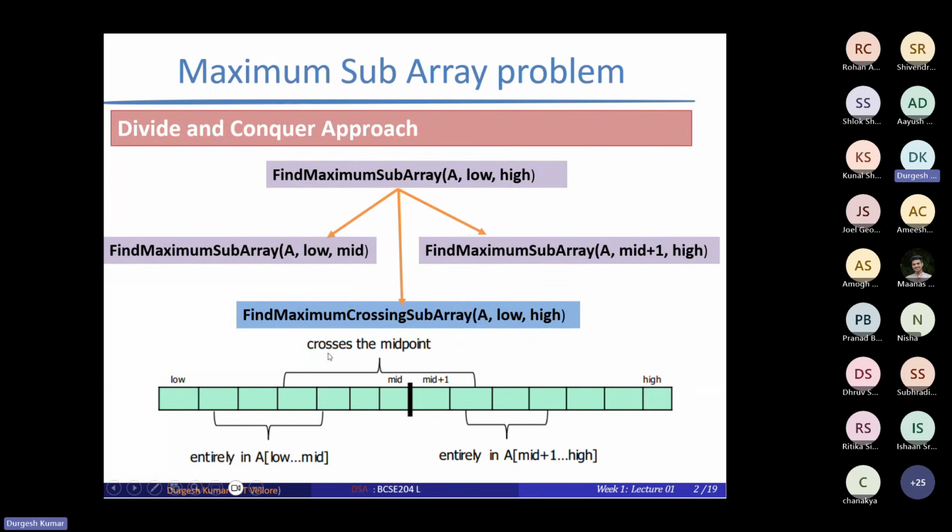And the third part has to span across the middle element, so it must contain mid and mid plus 1. It can extend this side, it can extend this side, but it has to contain mid and mid plus 1. Whichever of these three sums is greater, we will return that maximum sum.